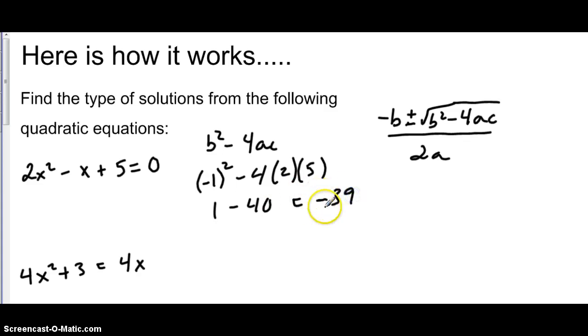Now, since this is negative right here, that means you're going to have imaginary solutions. And since our degree is 2, we're going to have 2 imaginary solutions. Let's take a look at the next one.